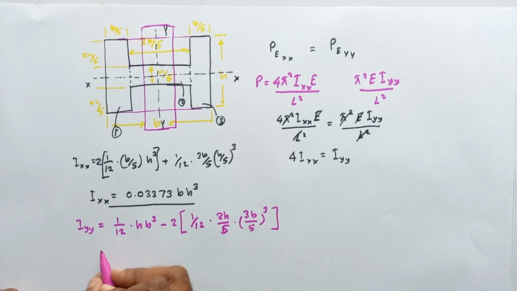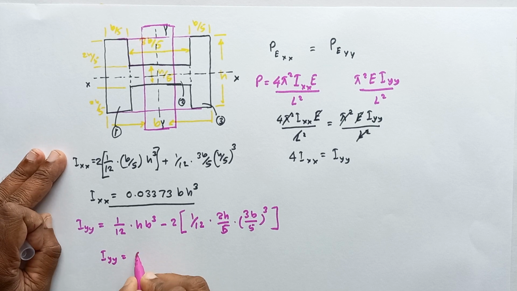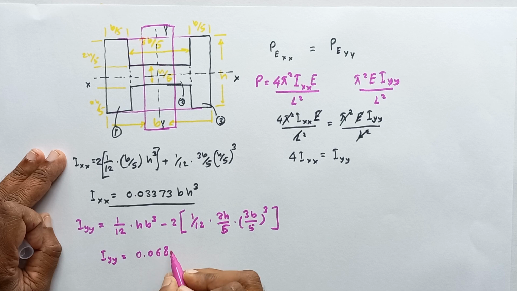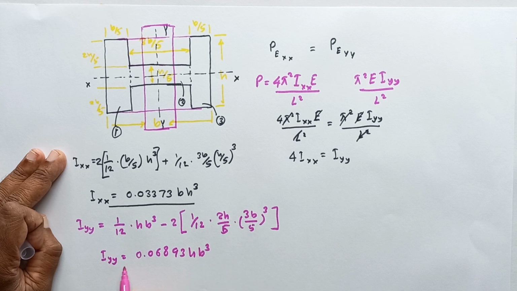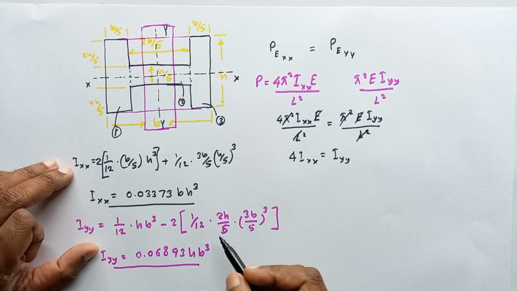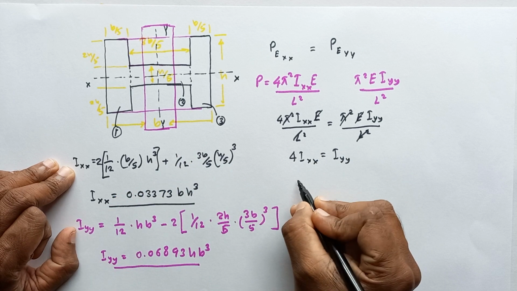Then we get the Iyy value equal to 0.06893 H B cube. This is Iyy. Okay, then I'm going to substitute these Ixx and Iyy values in this equation.